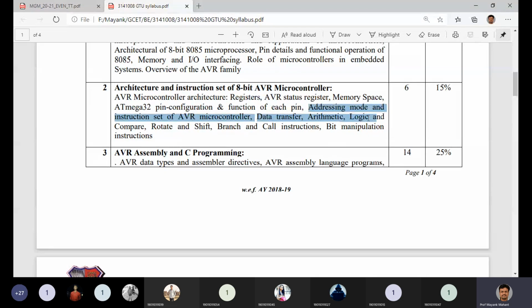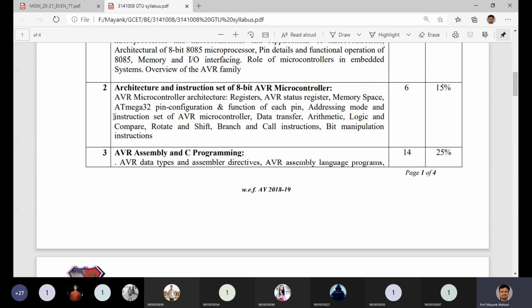Then we would be looking into the addressing modes and instruction set. Addressing mode is whether you are addressing directly or indirectly. In memory there would be locations, and each location has an address. How you are pointing to this location is what we call an addressing mode.